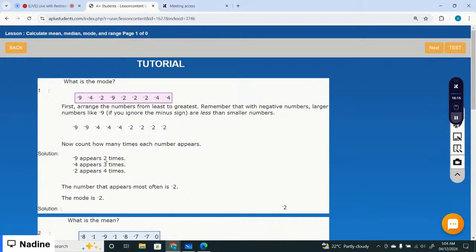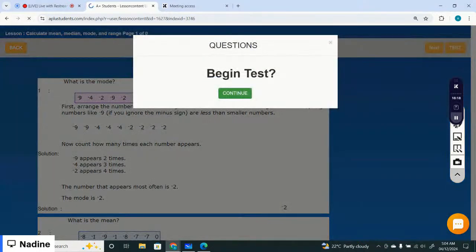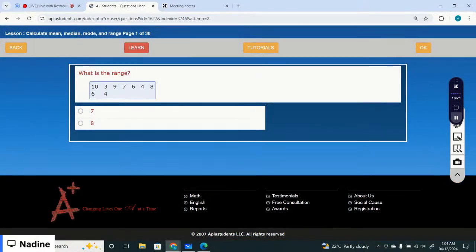Let's just start with the test questions. What is the range? Range is the difference between the greatest and the smallest number given in the data, right? So find the greatest number in the given data.